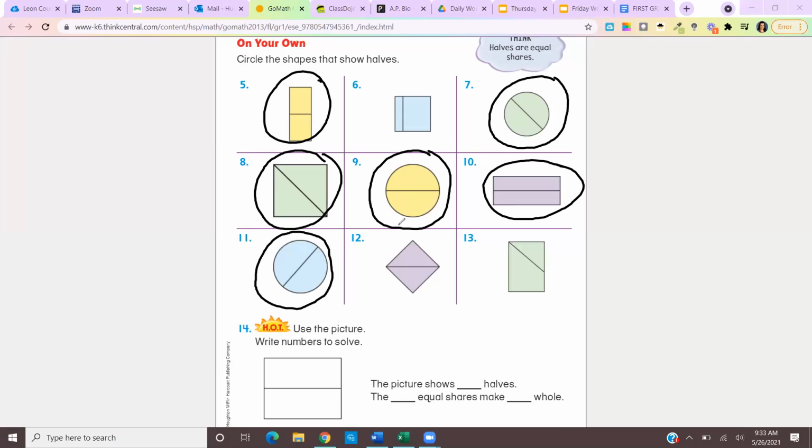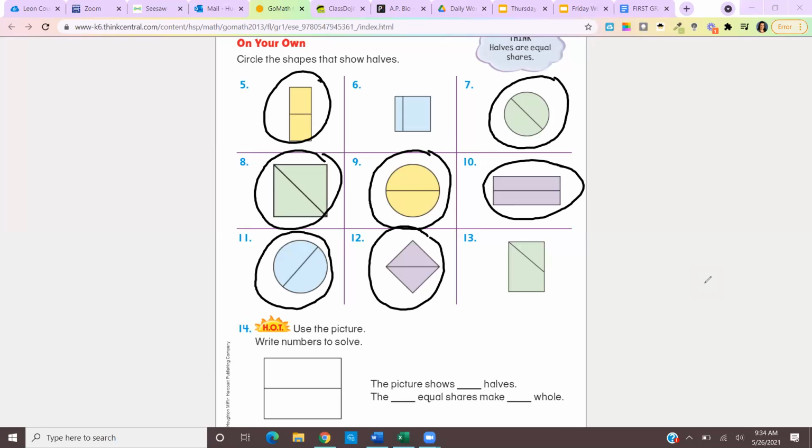They're all in halves. They're just turned different ways. What about for number 12? Does number 12 show equal shares or halves? Yes, so we need to circle it. And then what about number 13? Number 13 does not show us halves.